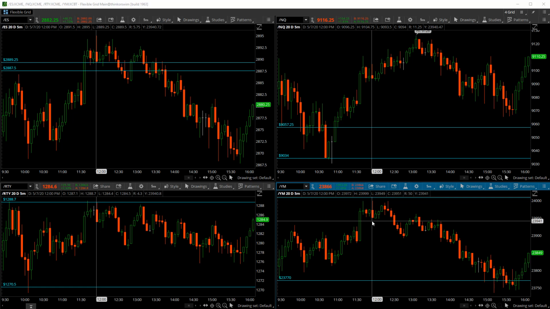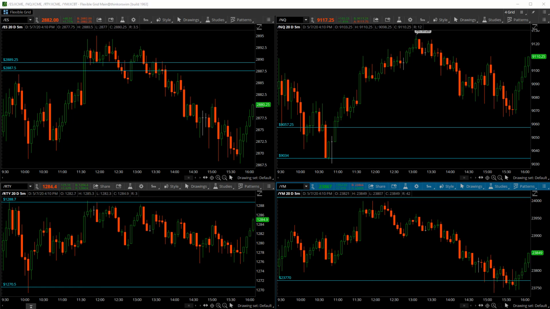So, for example, if the S&Ps are making new lows on the day and the Dow is not, that would be considered a divergence. If the S&Ps, Nasdaq, and the Russell are all making new lows on the day and the Dow is not, that's still considered a divergence because we have one of the four indices not doing what the other markets are doing.